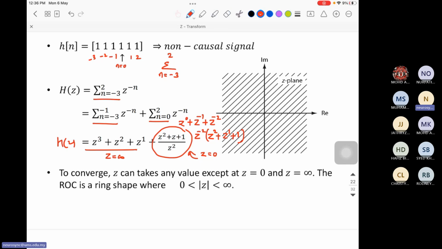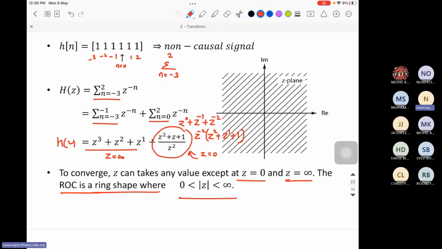So the region of convergence is the entire z plane, except these two values, z equal to 0 and infinity. So we can say that this has a ring structure. So z is between 0 and infinity.